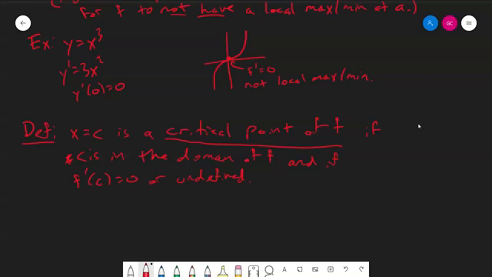Okay, so the critical points are exactly the places that you could have a local maximum or minimum.